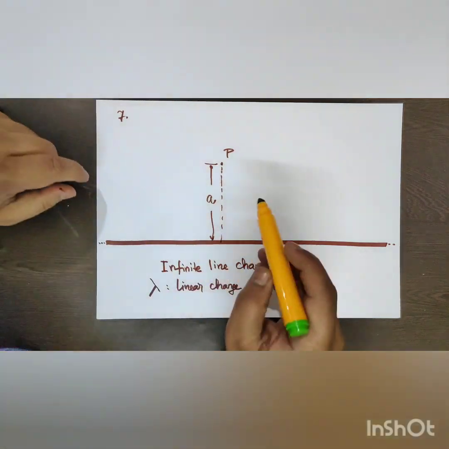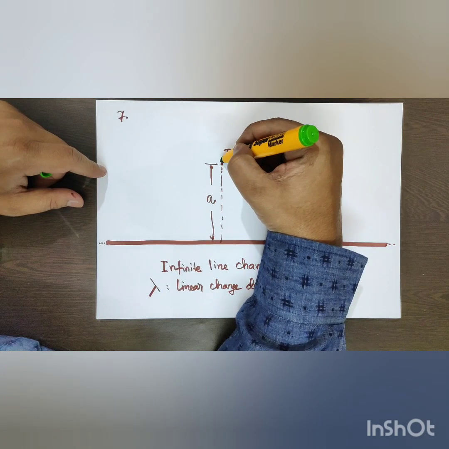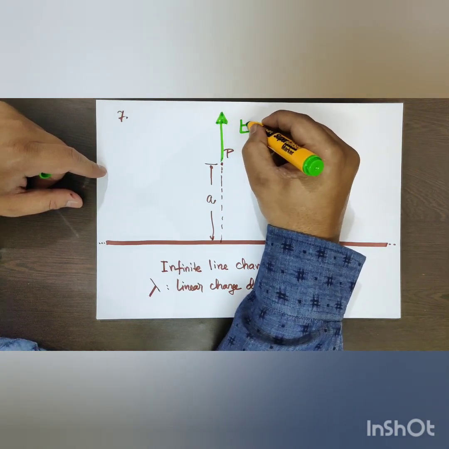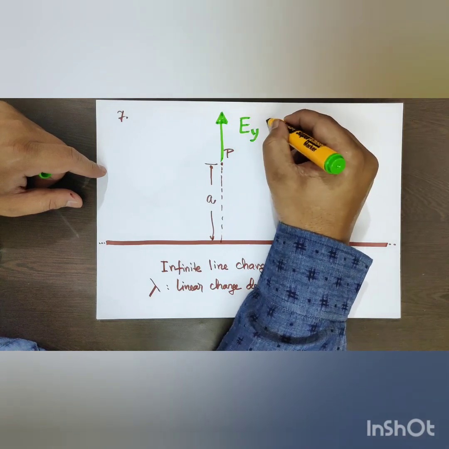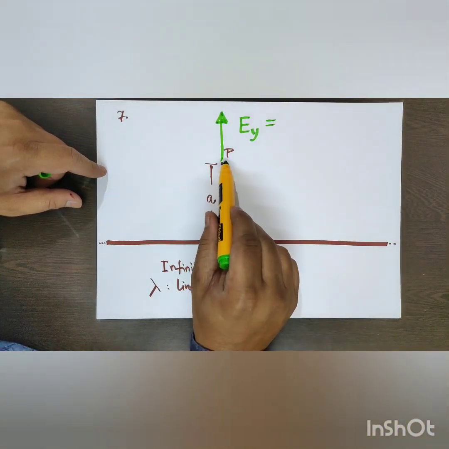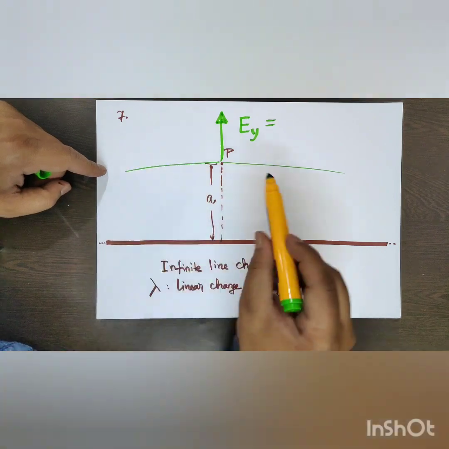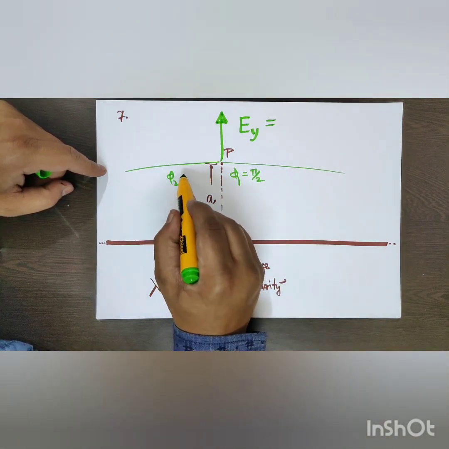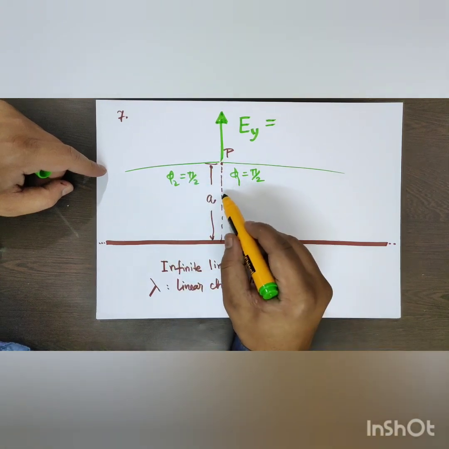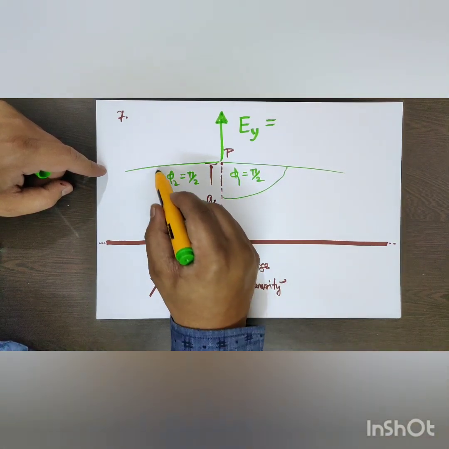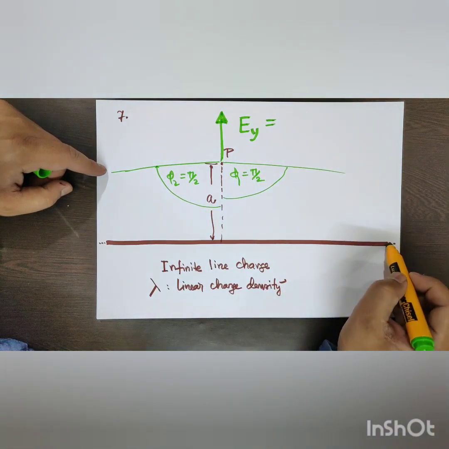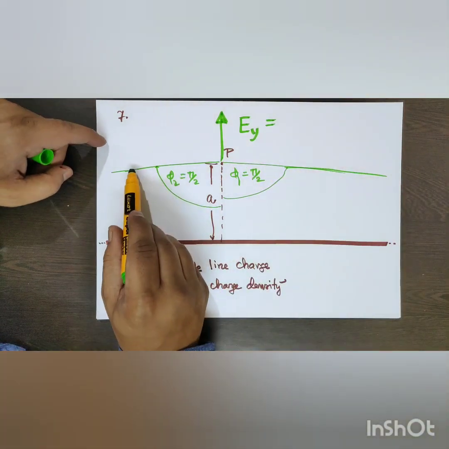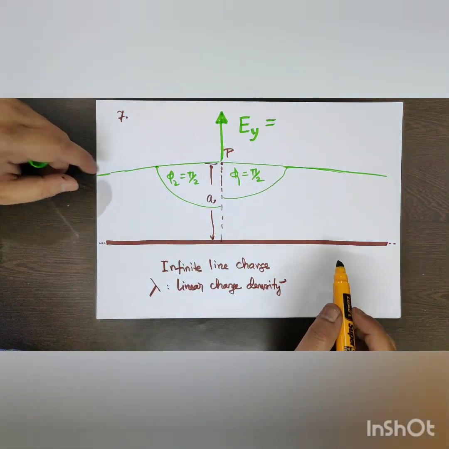For that, you know φ1 and φ2, see, field Ey will be how much? What are the values of φ1 and φ2 here? φ1 and φ2 both are equal to π/2. The end is very far away, so it is a 90-degree angle on both sides. So it will be how much?